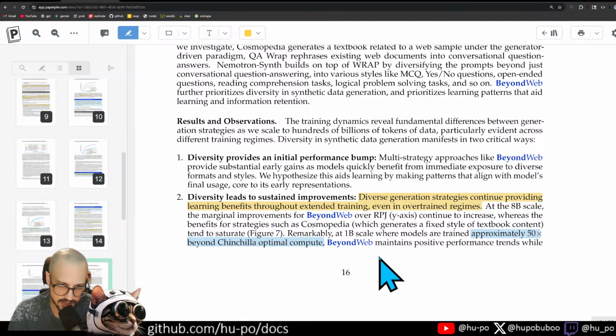The model has seen the data points so many times that it's gotten closer to overfitting or memorizing that data. But if you are doing diverse generation strategies, which is just a different way of saying we have a data augmentation that is very varied, lots of different types of data augmentation, then we're capable of training our model for more epochs. It feels very obvious to anybody that's trained image models.